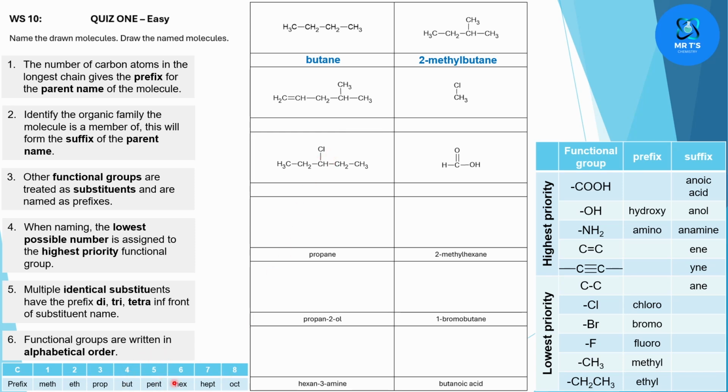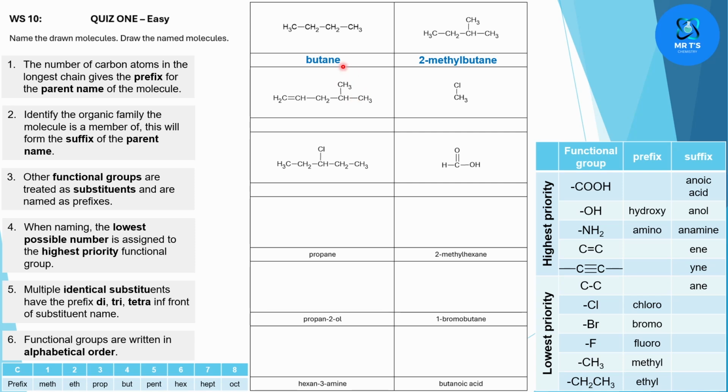The next molecule here has 1, 2, 3, 4, 5 carbons in a row, so it's going to have the prefix pent. It has a double bond in its main parent chain, so it is actually going to have the suffix ene, and before we write the suffix ene, we're going to say the number of the lowest numbered carbon that the double bond is attached to, and that is the first carbon. So this is going to be called pent-1-ene.